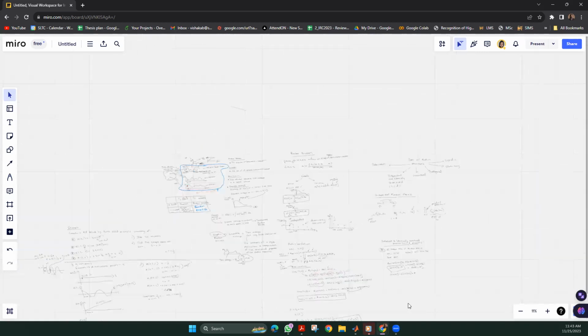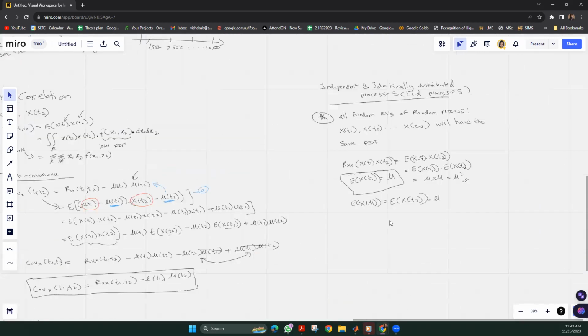When we take the uncorrelated random process, it is similar to uncorrelated random variables, which we discussed in the last class.